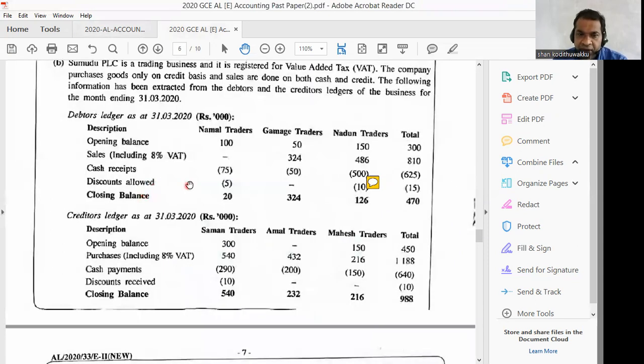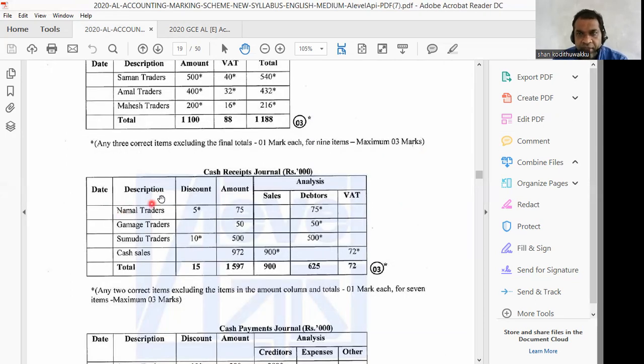Then here they have mentioned discount allowed. Discount allowed 5 to Normal Traders, 10 to Nadun Traders. The business has given a discount, so discount allowed 5 to Normal Traders, Nadun Traders 10. The total is 15. Therefore, you can mention those discounts allowed in the cash receipt journal because that is cash discount.